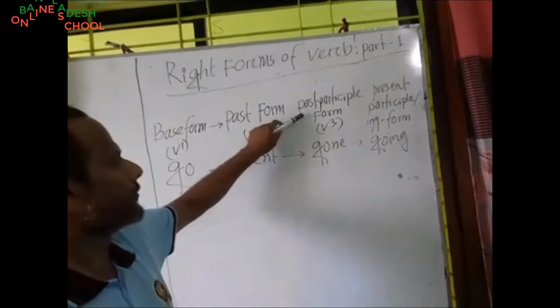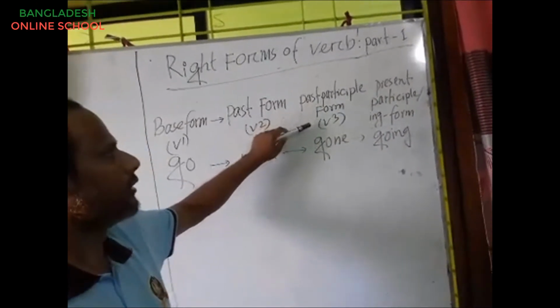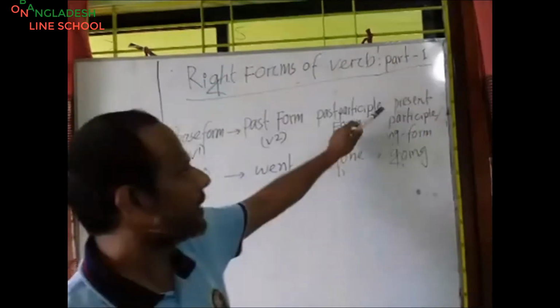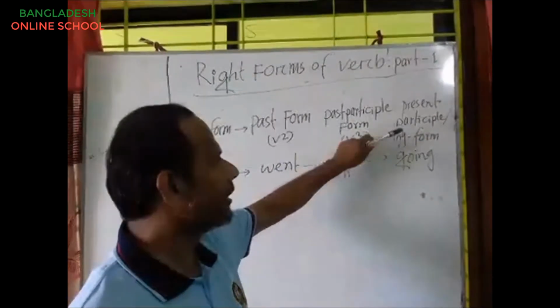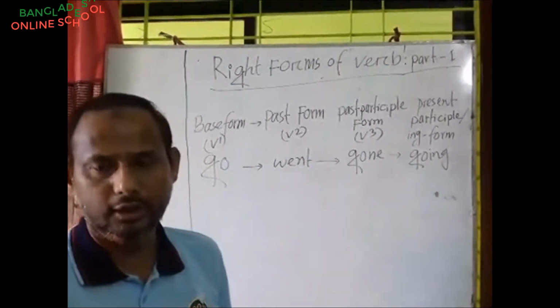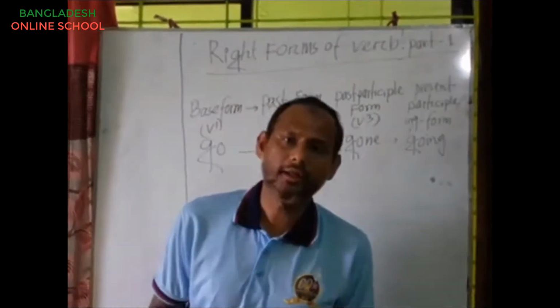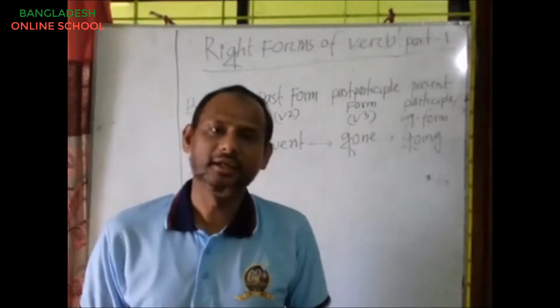Third form of verb is called past participle form, and the fourth is present participle form or ing form, as for example, going. Okay, let's see where and when base form of verbs are used.